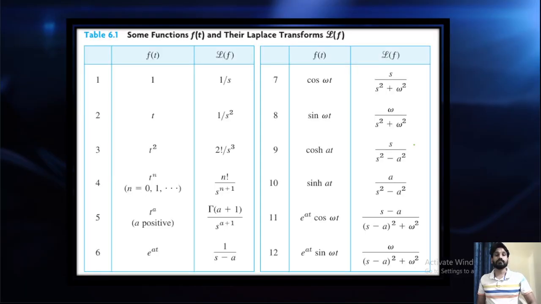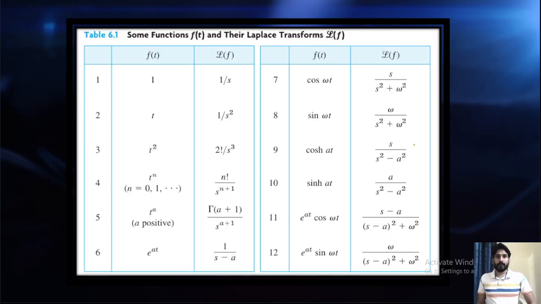Is it clear to you? So this is a table, guys. In this table, there are 12 formulas, and we have to remember all of them.